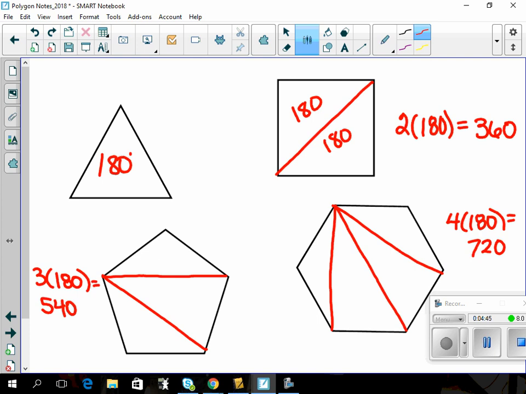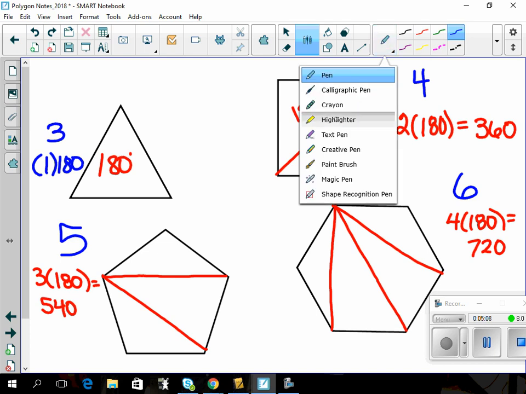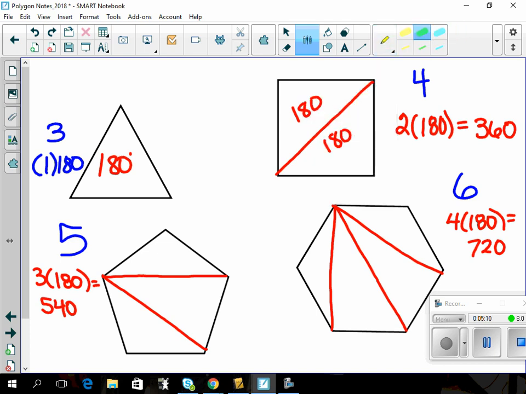Well, there's a formula for it, and this is really a derivation of that formula. How many sides does a triangle have? 3. Okay, and we had 1 triangle at 180. How many sides here? 4. How many sides here? And how many sides here? Okay. So I'm challenging you to look at the relationship between the number of sides and the number of triangles.